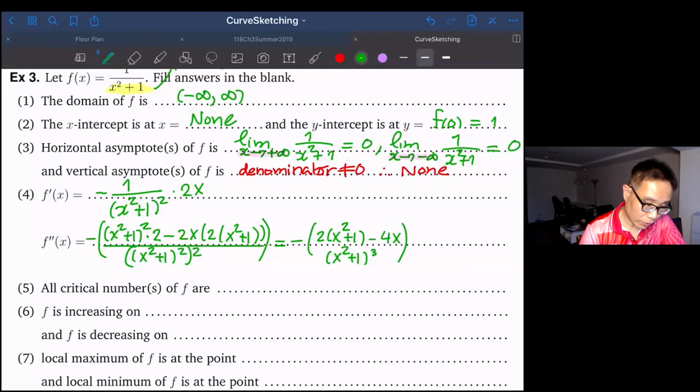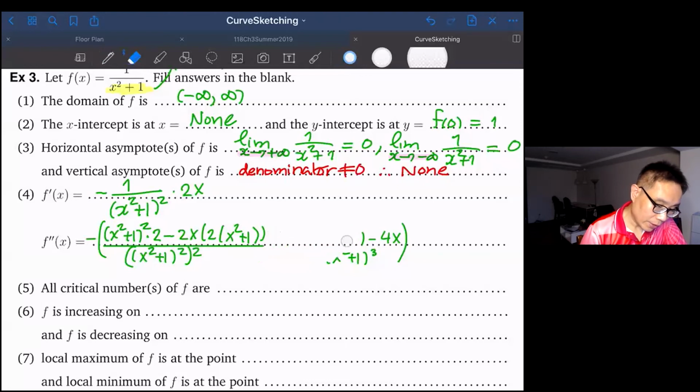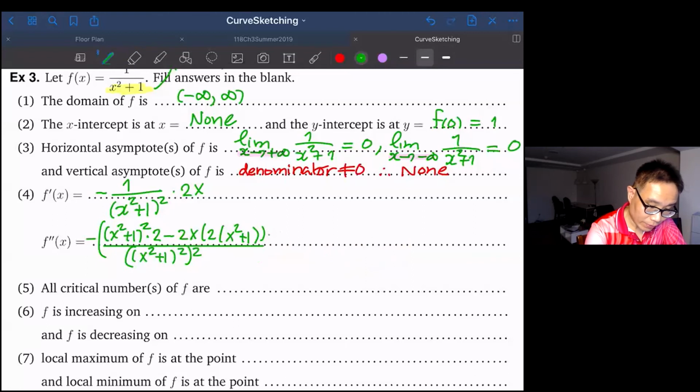Okay, so for this one, it's gonna be 2x. I forgot, sorry, I made a mistake here. I forgot to differentiate 2x here, okay?